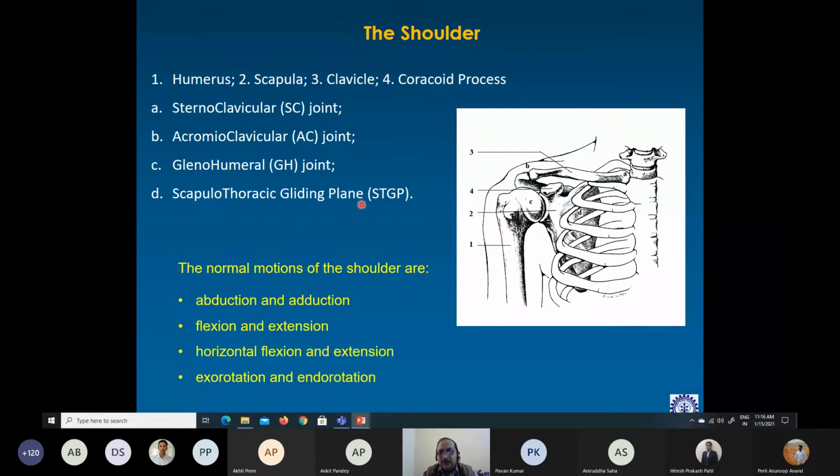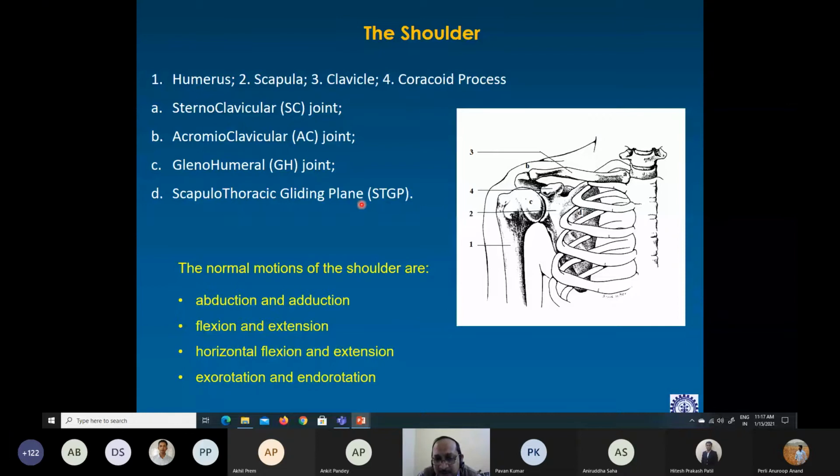So, the normal motions of the shoulder: please remember that the shoulder joint gives rise to the maximum range of motion. We have abduction and adduction, two opposite movements. Abduction is raising the arm, whereas adduction is lowering the arm.